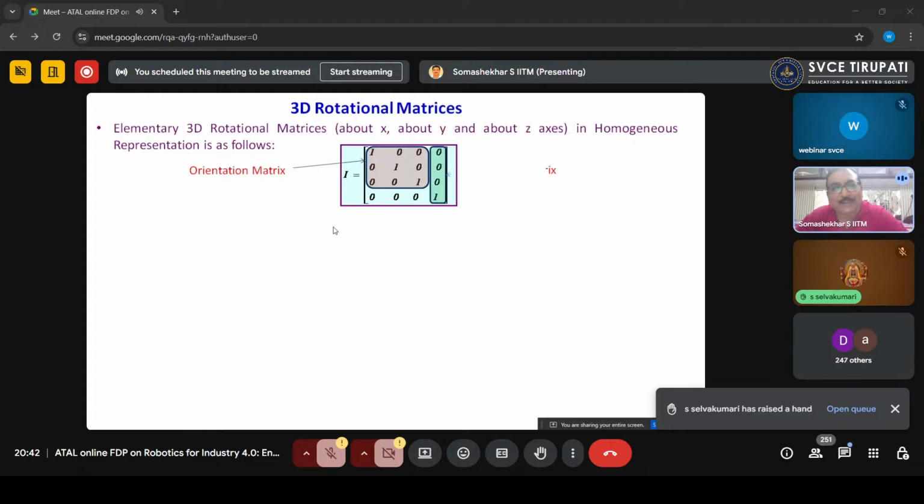The last column is the position matrix, used for X, Y, Z motion to place the end effector in space. After placing it, orientation along X, Y and Z is achieved through the wrist.